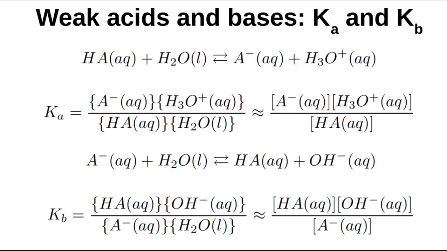Yeah. And then any acid that is reacting with water and forms a conjugate base, or any base that reacts with water and forms a conjugate acid. You see that this is more or less just by swapping right hand and left hand side.